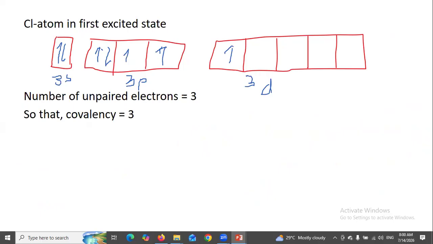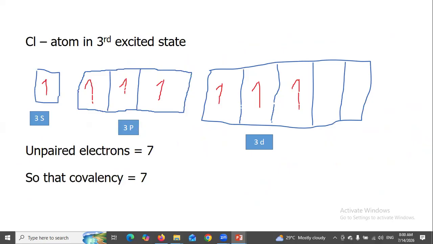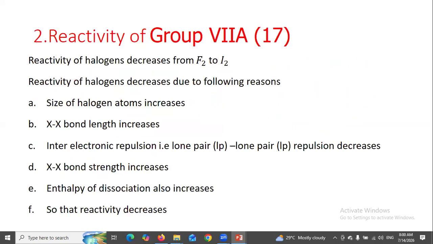In the excited state, number of unpaired electrons 3, so covalency 3. Second excited state, number of unpaired electrons 5, covalency 5. Third excited state, number of unpaired electrons 7, covalency 7.